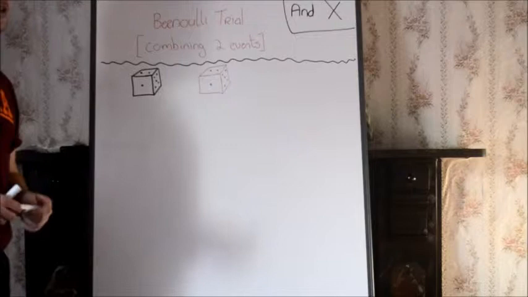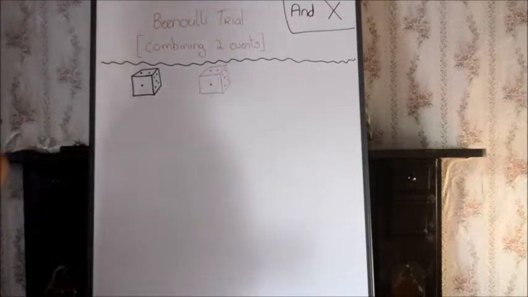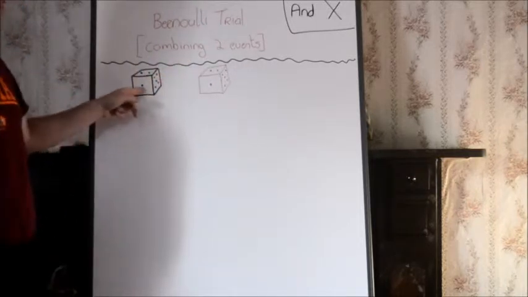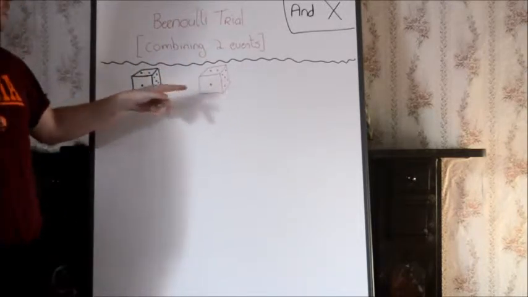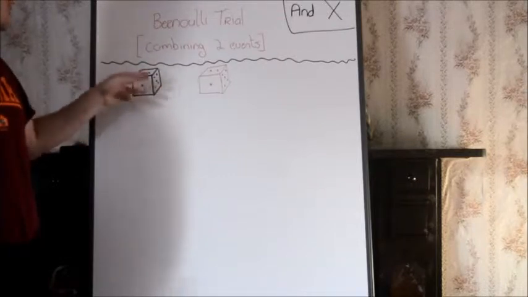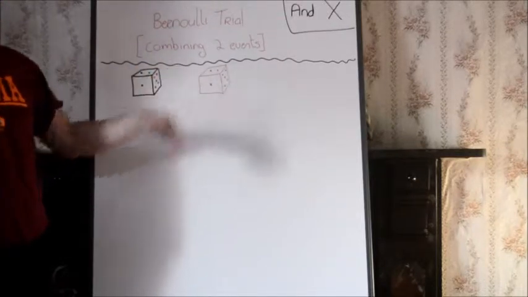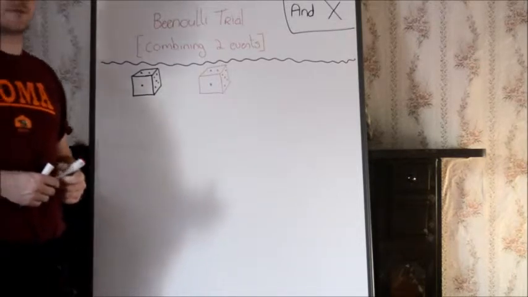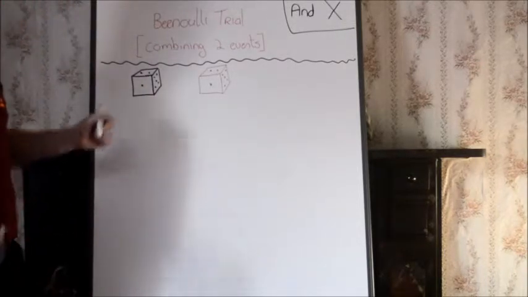First of all, how many different combinations are possible when rolling these 2 die? Well, I could roll a 1 and a 1, a 2 and a 1, a 2 and a 2, a 3 and a 4. Let's see how many combinations there are.